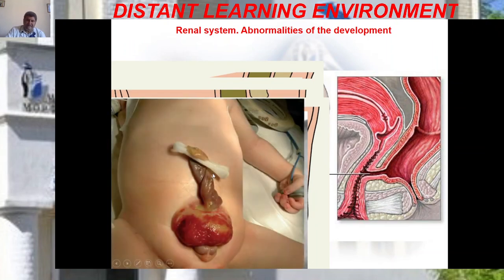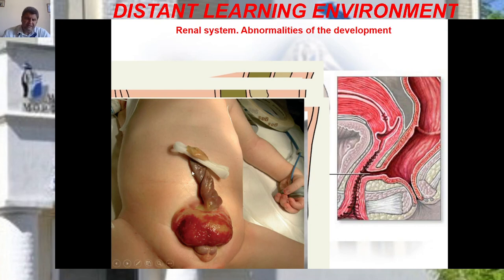And so you may see the abnormality of bladder. This is the abnormal absence of anterior wall of bladder. You may see only posterior wall. This abnormality is very severe.